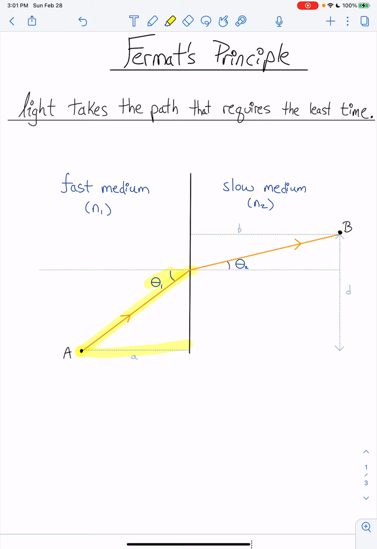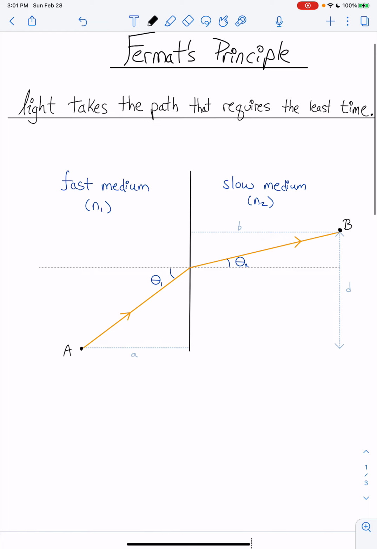These have all been given labels, a being the horizontal distance from point A to the edge of that first medium, and b being the horizontal distance from that boundary into the slow medium out to point B. And d is our distance in the other dimension here.